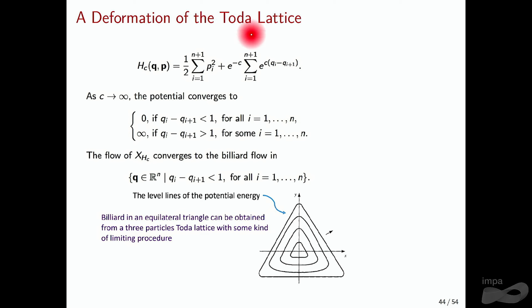And on the boundary, you have this infinite potential, which is exactly along the boundary of the simplex. So I'm not very precise here, but roughly speaking, billiard in an equilateral triangle can be obtained from this Toda lattice model via a limiting procedure. Okay, so I'm sorry that I'm not giving more details about this.